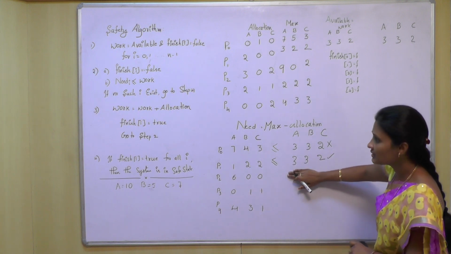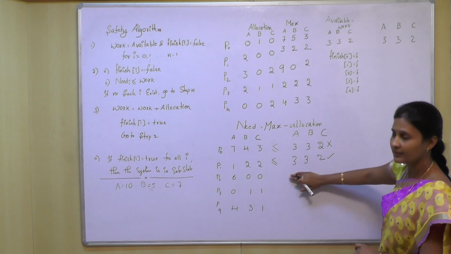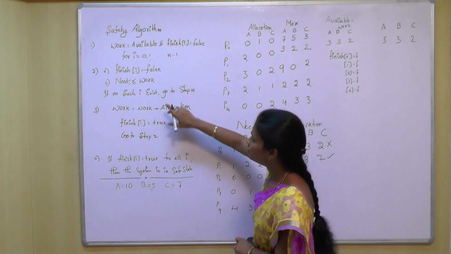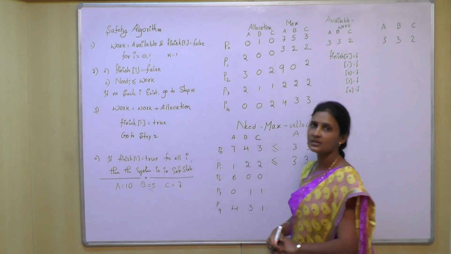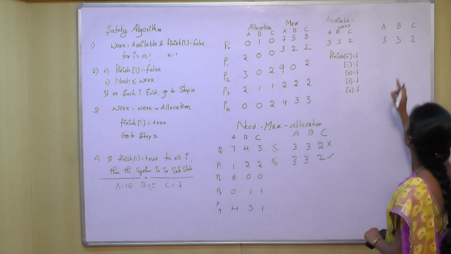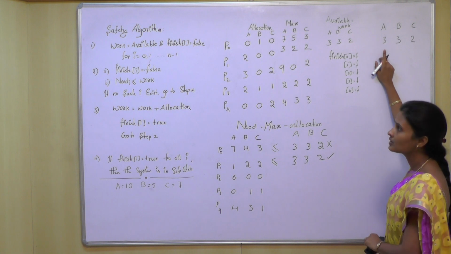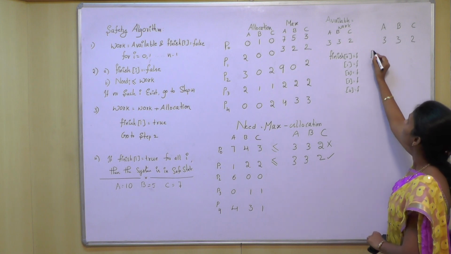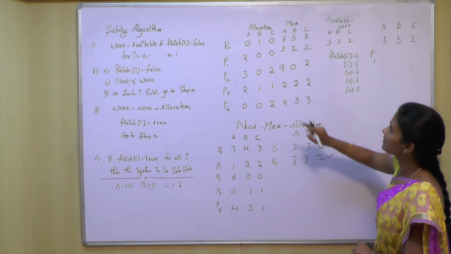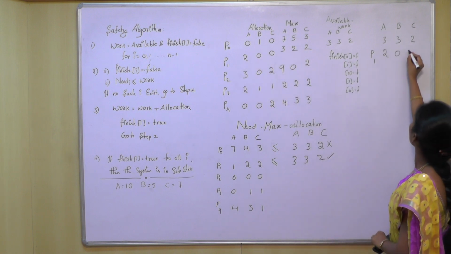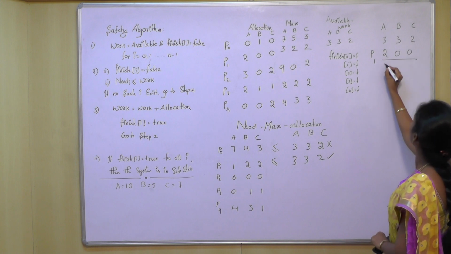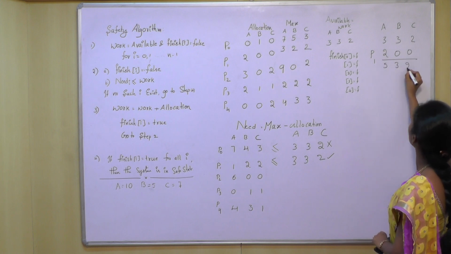When this condition is true, we move to the next step: work equals work plus allocation. The work means the available resources. The allocated resources for process P1 are 2, 0, 0, so now the available resources are 5, 3, 2.